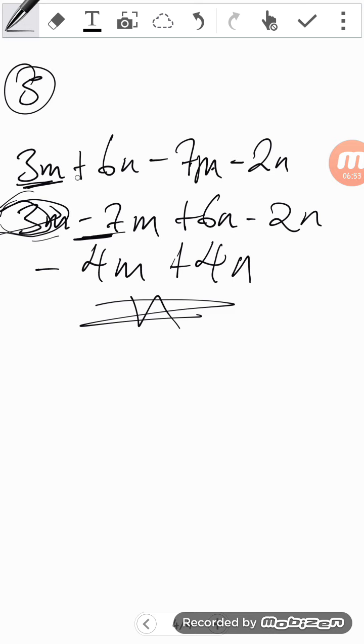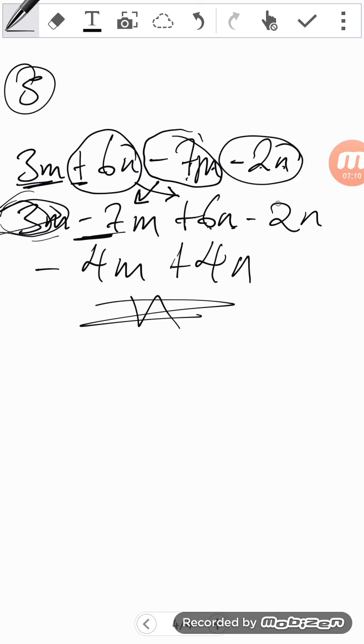I did not get the positive sign here. I got the sign from the number I was getting. Then here we're having a positive 6n, so I got that and put it here. The negative 2n, since I'm collecting the ones having n, I also wrote negative 2n.